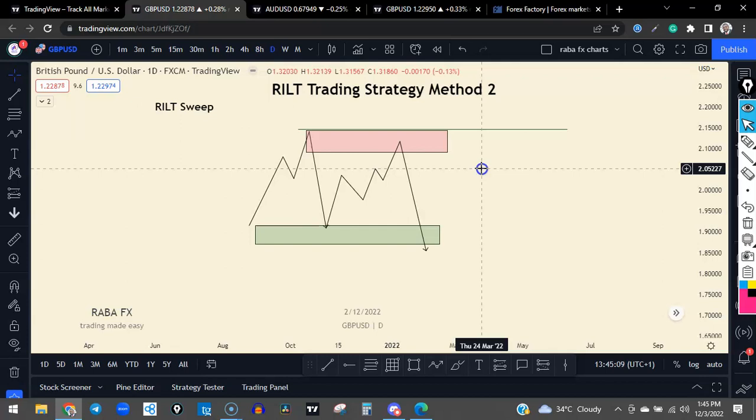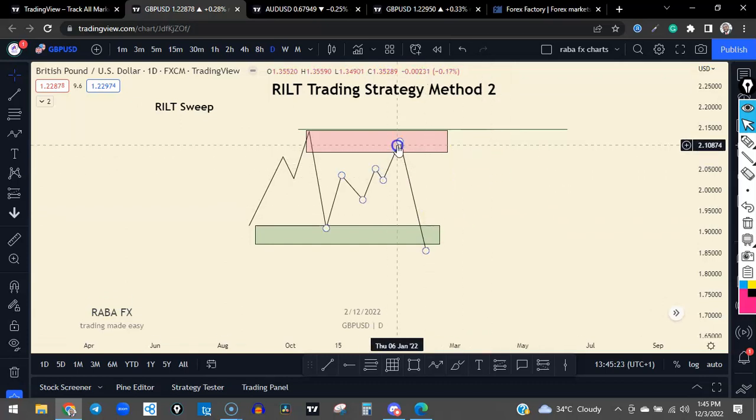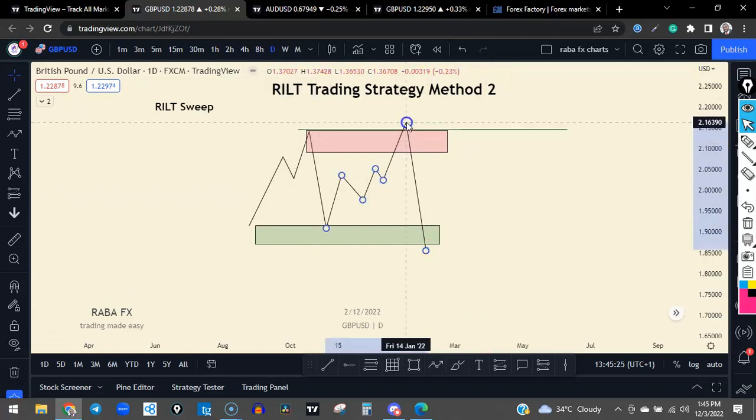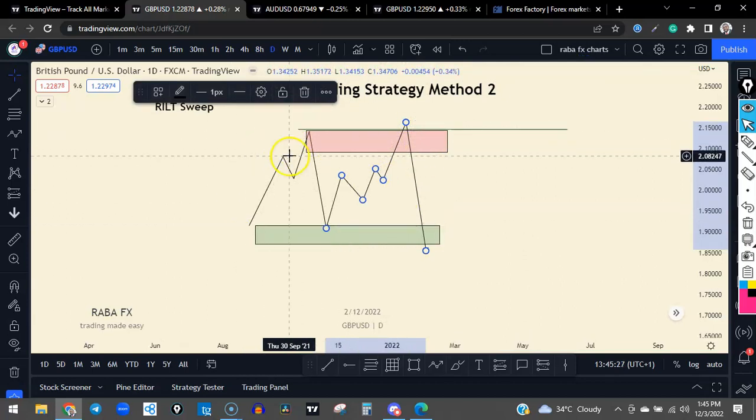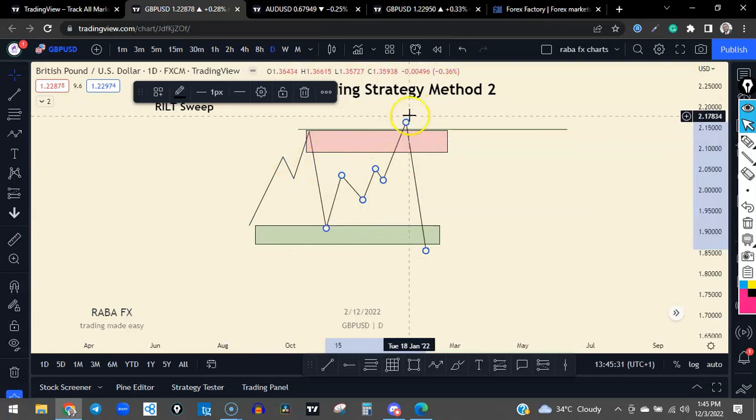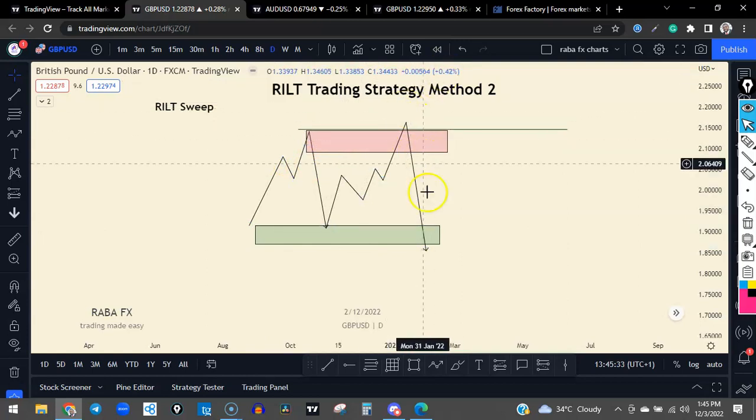On the day of that release, during that hour, you look for the high and low that was produced during that time. If any of this high and low has not been taken, mark it out as R.I.L.T. Because when price comes back there in the future, this zone, whatever is being formed here, will not hold. Price will sweep that R.I.L.T, and either continue going up or come down.